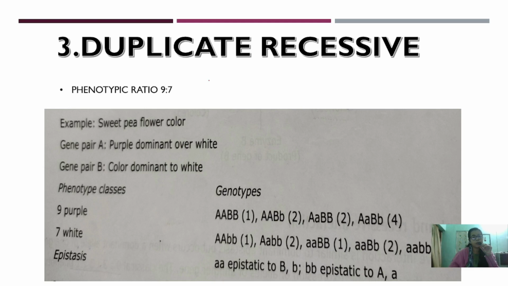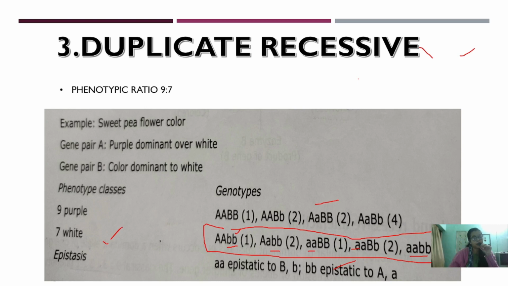So wherever you see small b and small a together, these types will produce one type of color, because both small a and small b are present, that's why they will produce the white color.